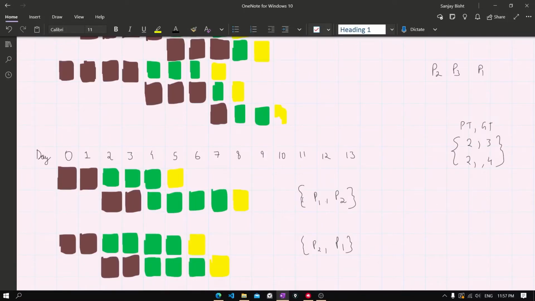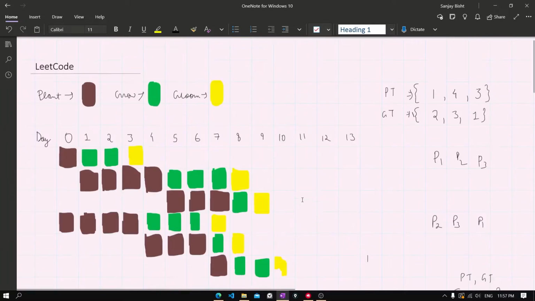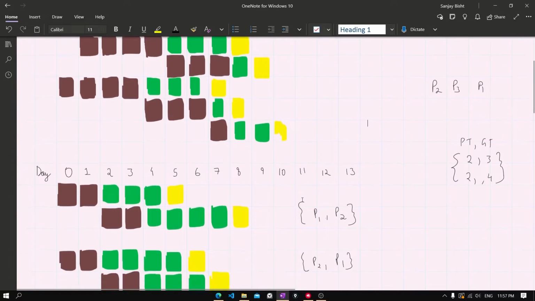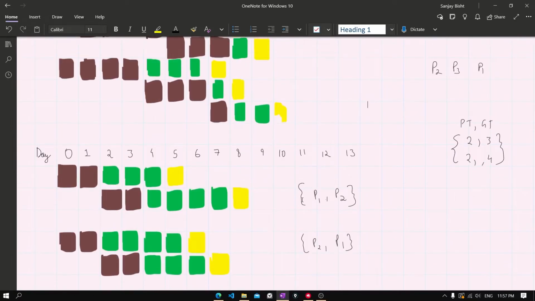So we were looking at an example which was not that great, so let's look at some more examples. In this example, I have taken the plant time as the same, but we have different grow times. The grow time for seed one is 3, and for seed two it is 4.